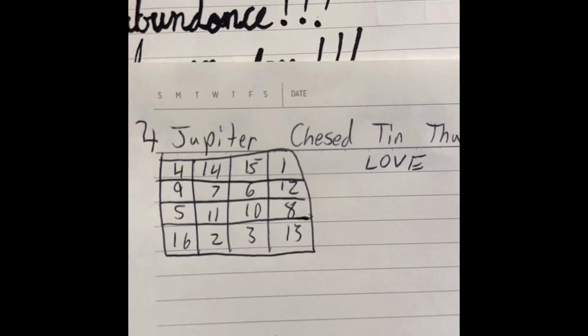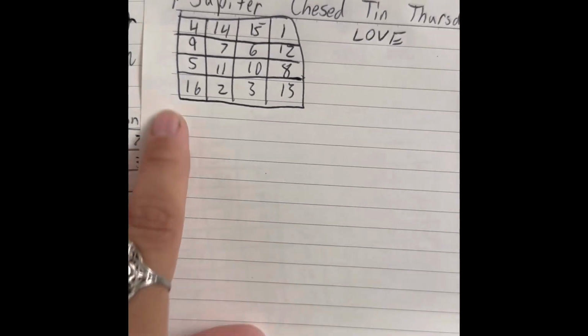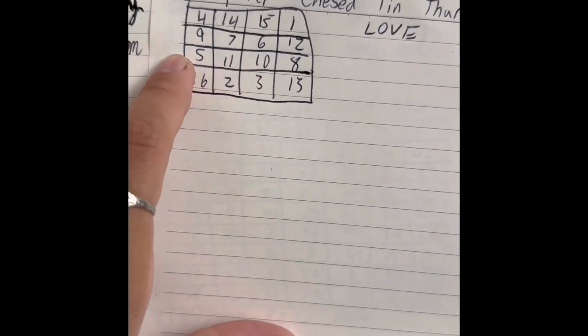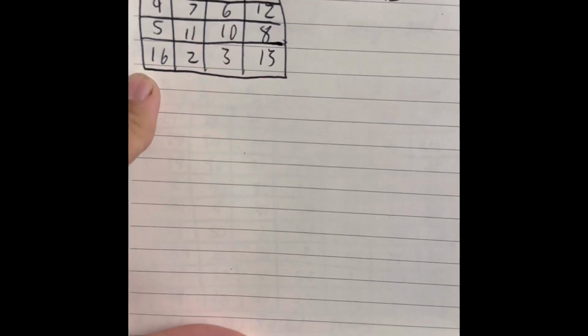So I figure, why be an asshat, let me just show you real quick. I just copied the square for Jupiter.